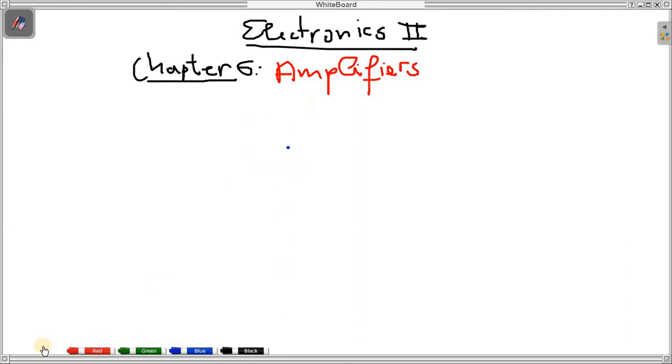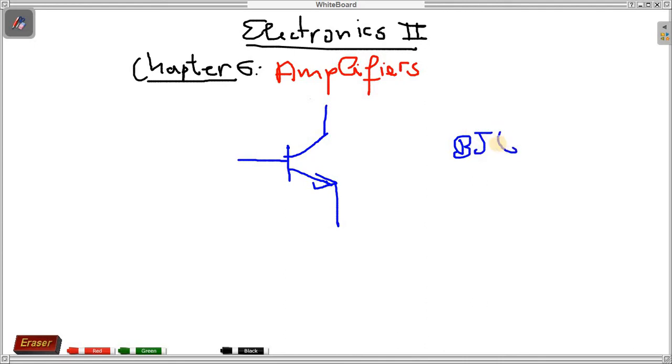This is the device we studied in Electronics 1. It was a BJT, which stands for bipolar junction transistor.